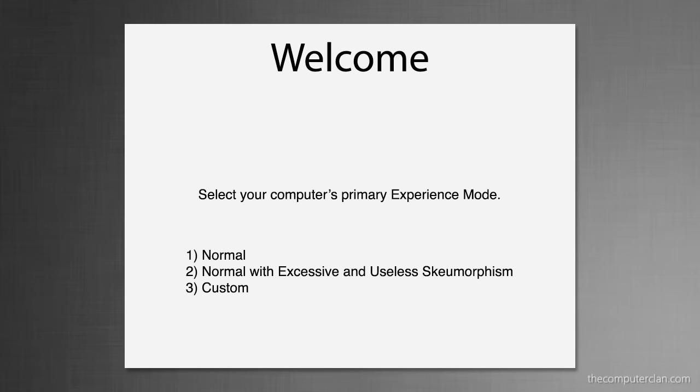The primary experience mode, also known as PEM, is a revolutionary feature because it lets you choose your settings before you log into your computer, which no other operating system on the planet does. So, we have a customized mode, we have a skeuomorphism mode, which is not included in this beta. Not a lot of things are going to work in this beta, but then again, not a lot of things work in general. And we have normal mode.